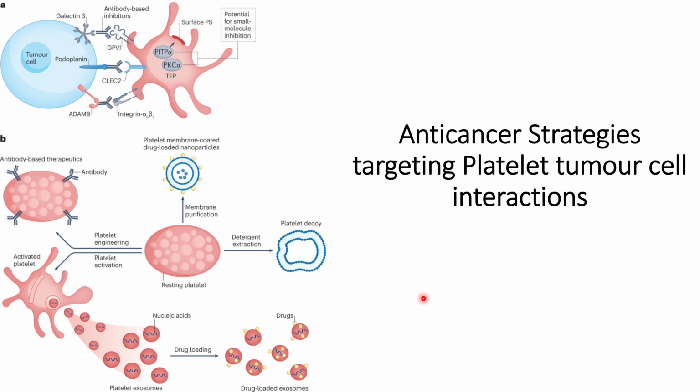So these are some of the ways by which anti-cancer strategies can target platelet tumor interactions, to reduce the tumors or to diagnose patients affected with cancers. So that's all for this video.